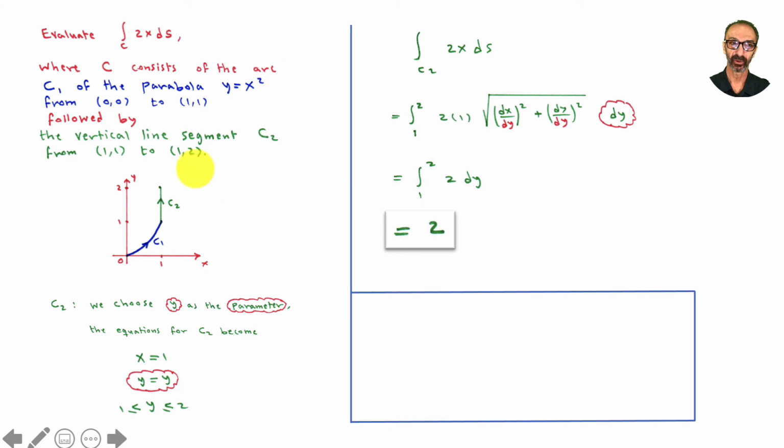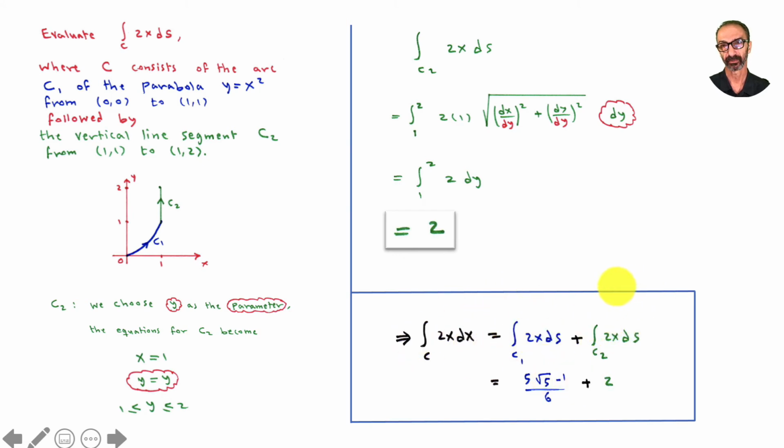And finally, we combine them to finish the problem. We need to go over C1 and go over C2 and add them up, and that should do it.